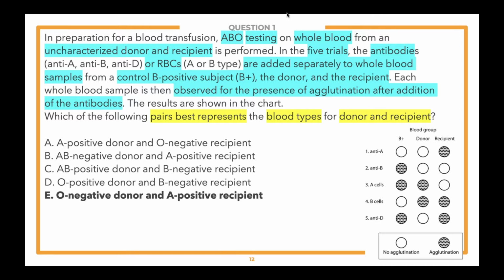Okay, so that means the donor blood type must be type O. However, the fact that the donor serum agglutinates both A cells and B cells confirms this, because type O serum contains both anti-A and anti-B antibodies, okay? By similar reasoning, the recipient must be blood type A, okay?